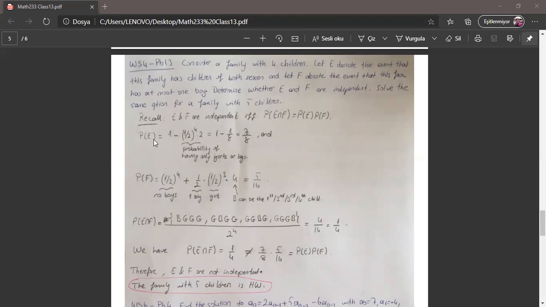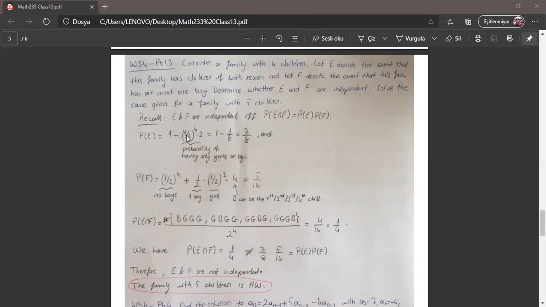So we will compute these probabilities and check if we have this equality or not. Now, what's P of E? It's the event that the family has children of both sexes. So what's its opposite? It's to have children of only one sex. So either they will have 4 girls, or 4 boys.